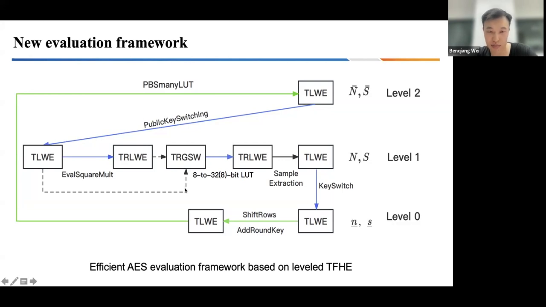And we use PBS many lookup table, public key switch, and this multi-mult technique to accelerate the conversion of TLWE to TRGSW ciphertext.